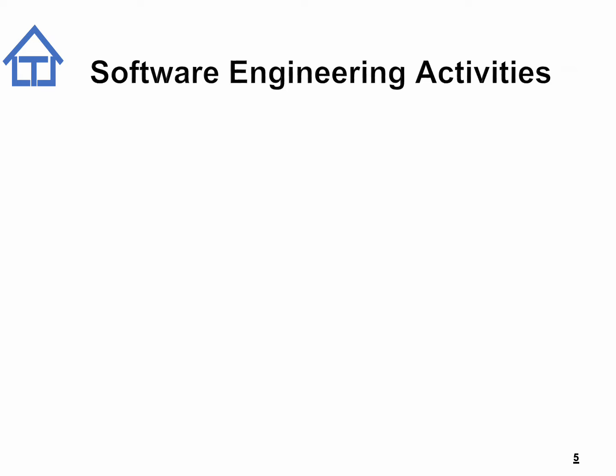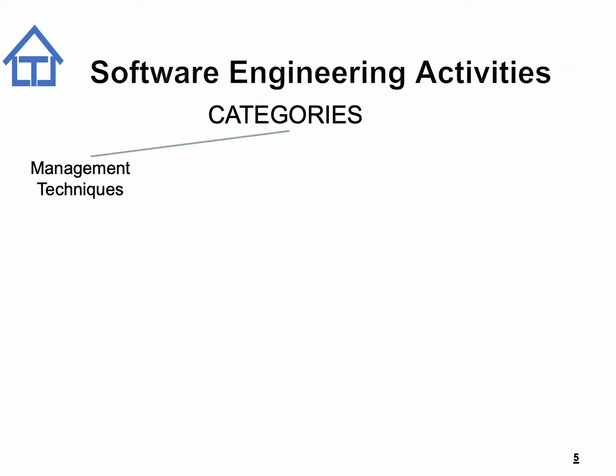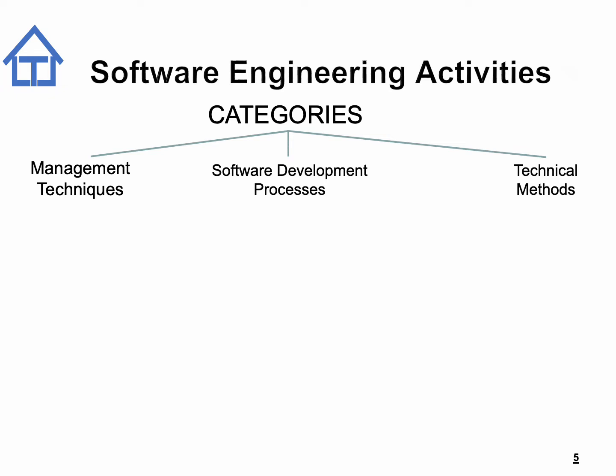These activities can be classified under three main categories. And these are management techniques, software development processes, and technical methods. The activities classified under management techniques are to monitor progress as well as to control changes.